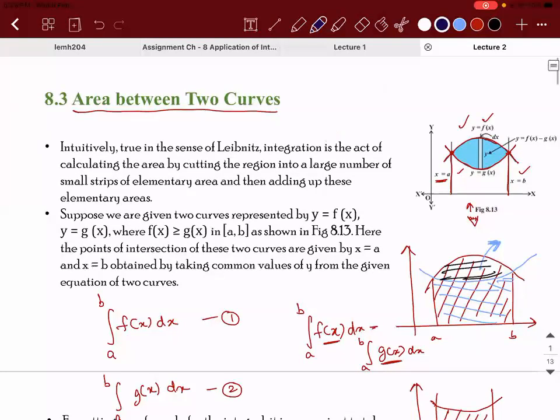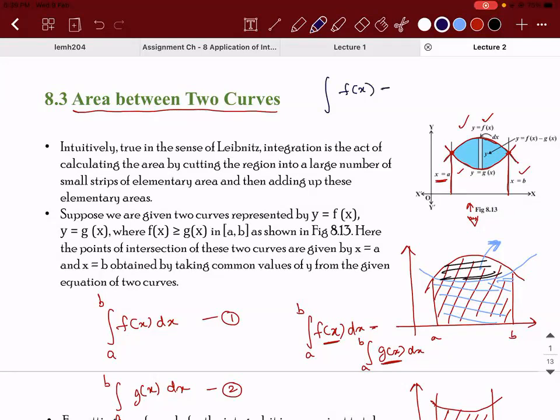So, area is the integral of, now I need to look at both the graphs. Tell me which graph is in the upper portion, which graph is above. Y equal to f of x is above. That is f of x.